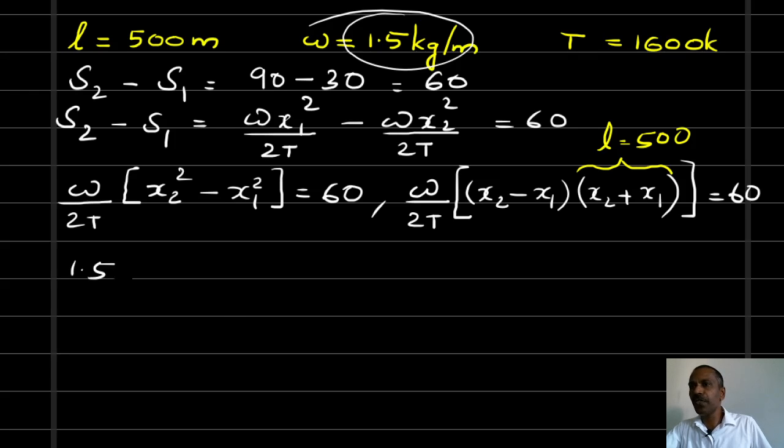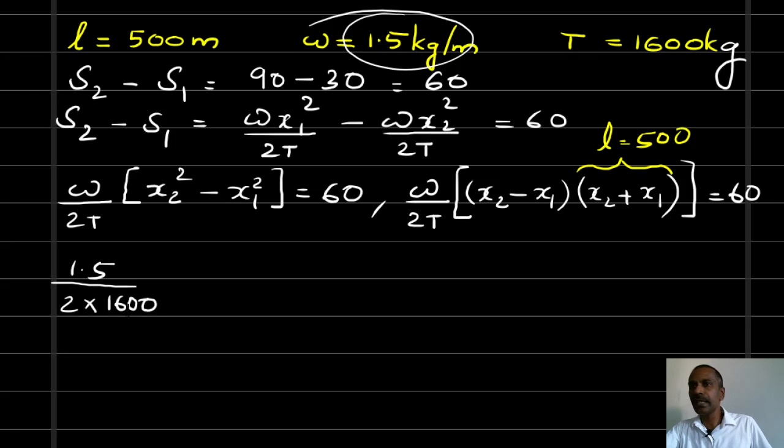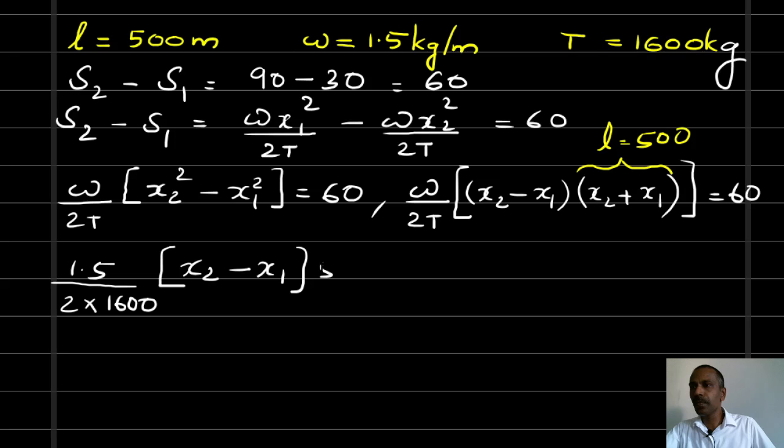That is 1.5 divided by 2 into the tension in the conductor, 1600 kilogram, into x2 minus x1 into 500 is equal to 60.